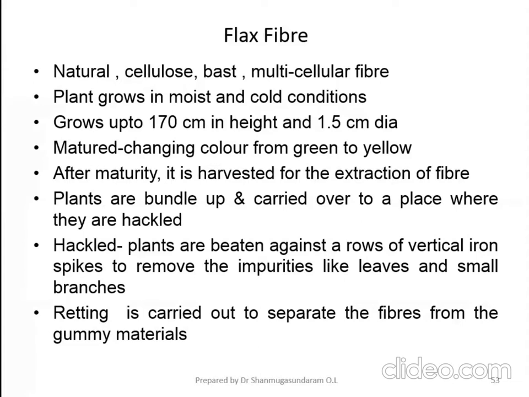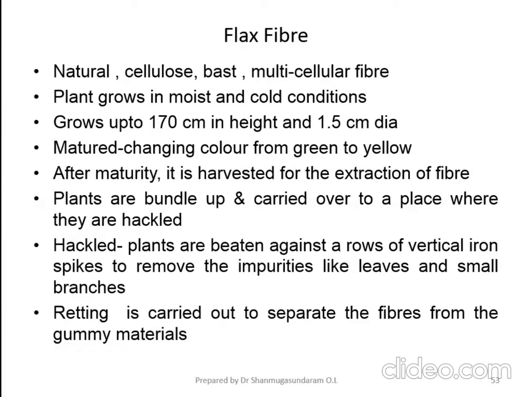It attains its maturity. After attaining maturity, it is ready to harvest, and you can proceed further for the extraction process. So after maturity, it is harvested for the extraction of fiber.